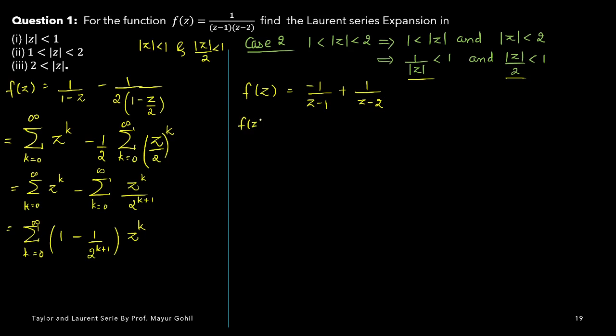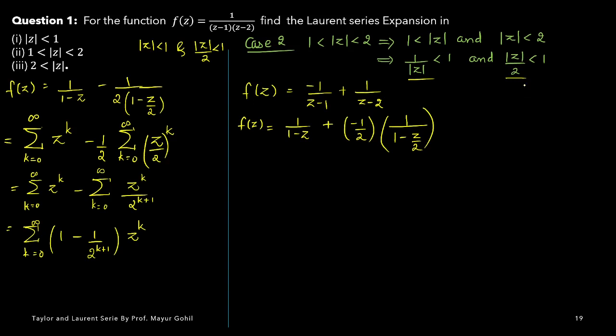So f of z can now be written as 1 over 1 minus z, and then again over here I can see that the same thing happened. Minus of 1 by 2 can be taken common and I can write it as 1 minus z by 2.